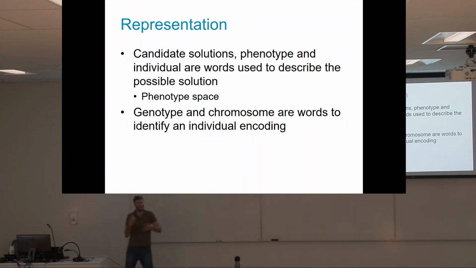But if we start getting a little overzealous, and we start making interesting changes to how we encode the problem, such that we have gaps where we can't actually decode to a certain potential solution, that's bad.